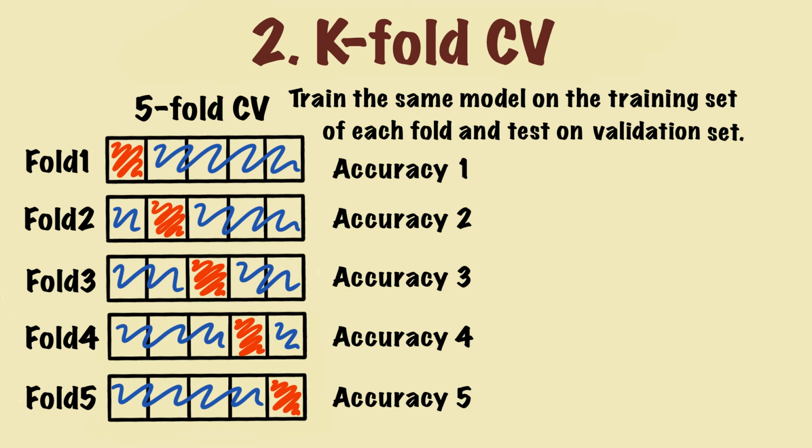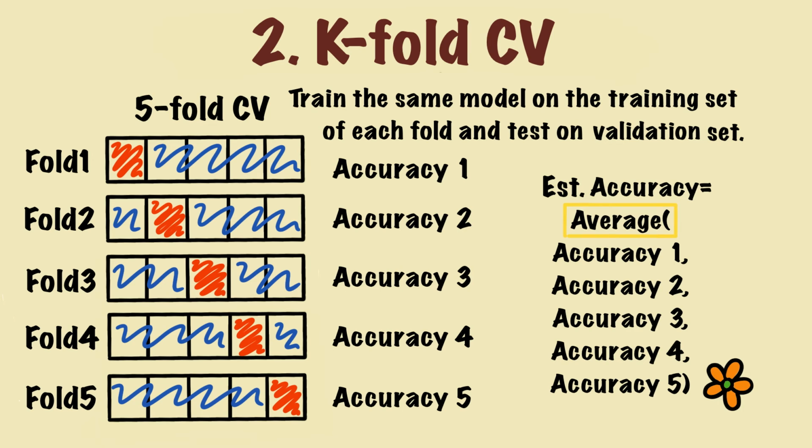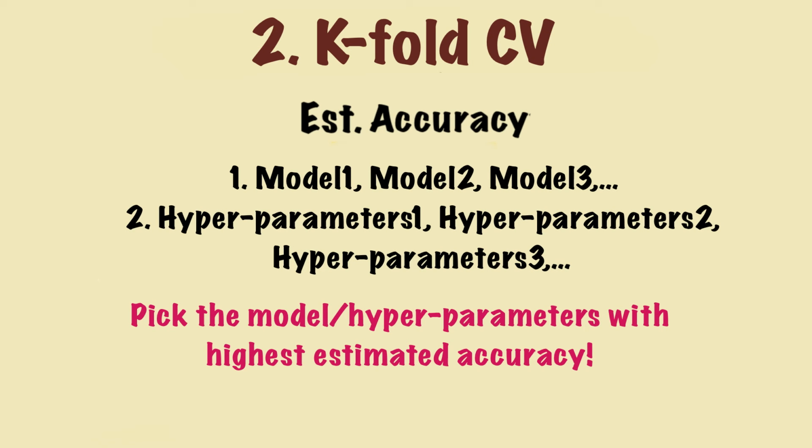We repeat the process 5 times since we have 5 folds. Therefore, we have 5 accuracies after completing the training and validation process. Finally, our estimated accuracy of a model is the average of all the accuracies. In fact, each algorithm or each hyperparameter set will have an estimated accuracy. We just need to compare them and select the one with the highest estimated accuracy.